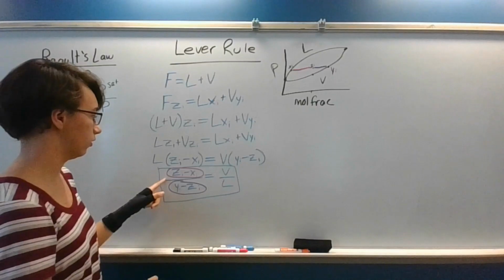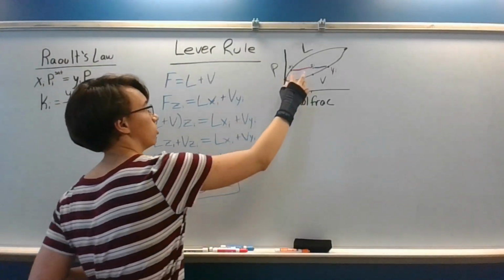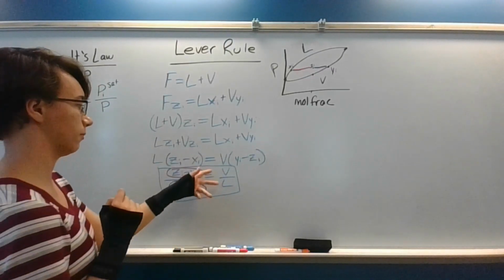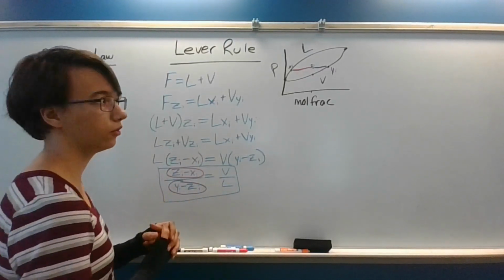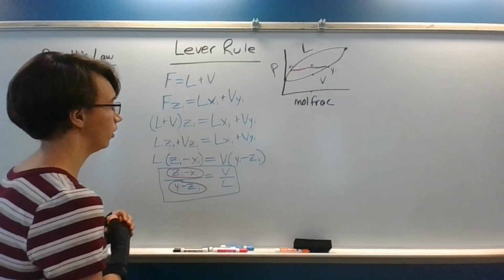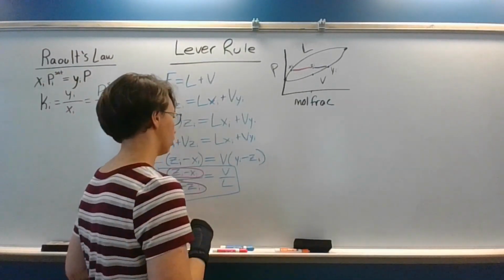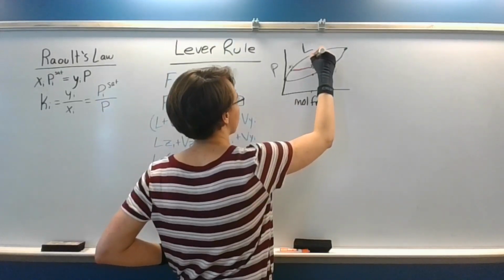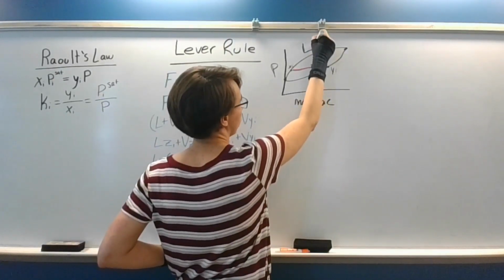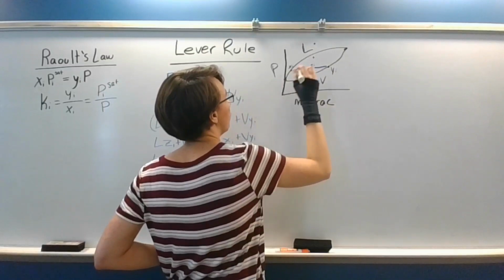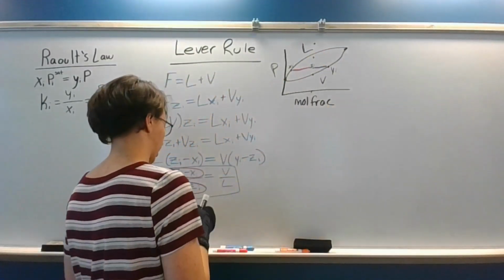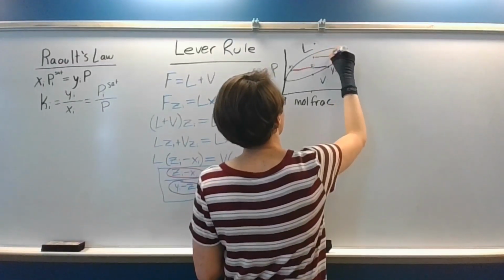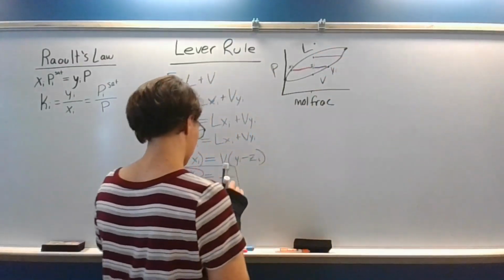All right, so this equation is just the ratio of these two distances as they compare to the ratio of the vapor to the liquid overall. And as you can see, as we keep increasing the pressure, eventually we'll increase it till we're all the way up at liquid. Right here, we're going to have this purple distance there.